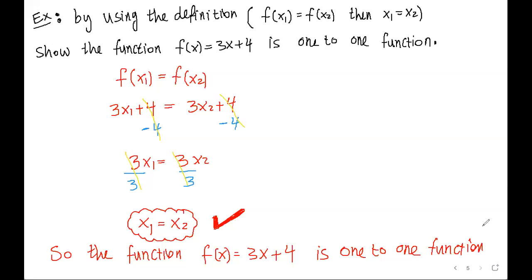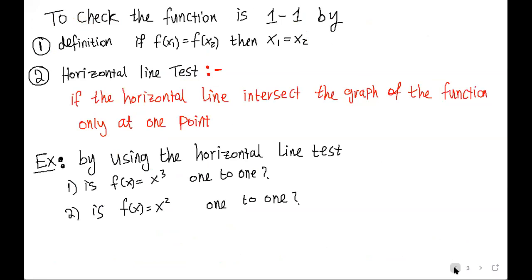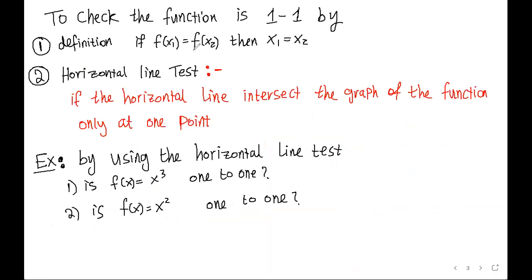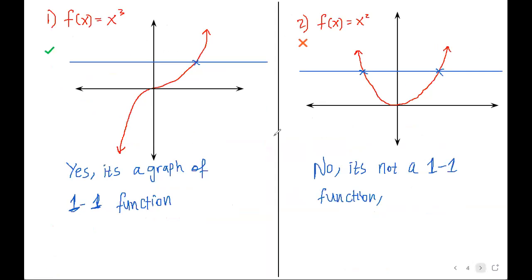Okay, now let's go to the inverse of our function. So we start this section. This section has two parts. First, the one-to-one function. Second part, the inverse of this function. We finished the one-to-one function. I gave you the definition for a one-to-one function and the general idea. Then I have to check which function is one-to-one by using the horizontal line test or by using the definition. I use the horizontal line test by drawing a horizontal line here.